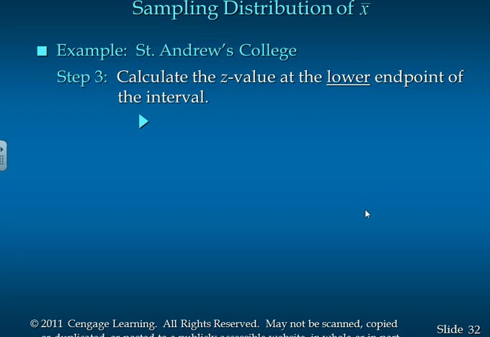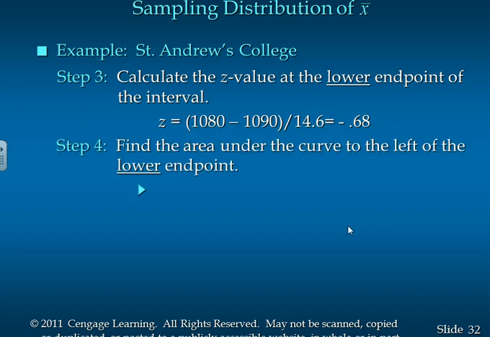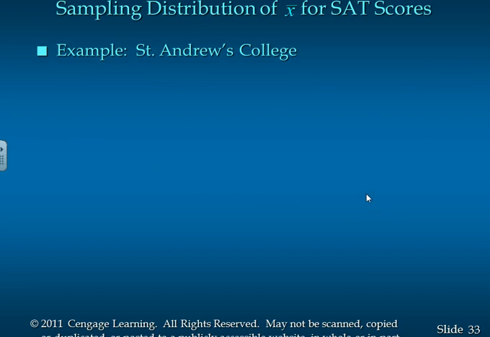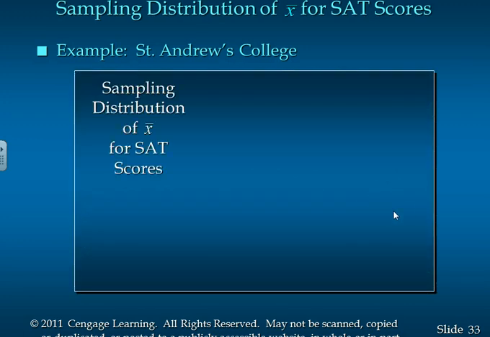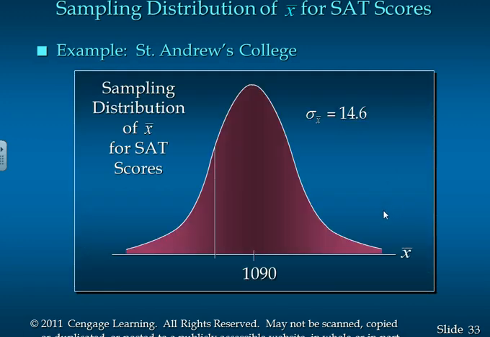The lower endpoint. Okay, so we're looking at plus or minus 10. We calculated at the top end. Now we're looking at the lower end, and the probability of being at the lower end, 0.248. And I would imagine we're going to subtract those two. What do you think?